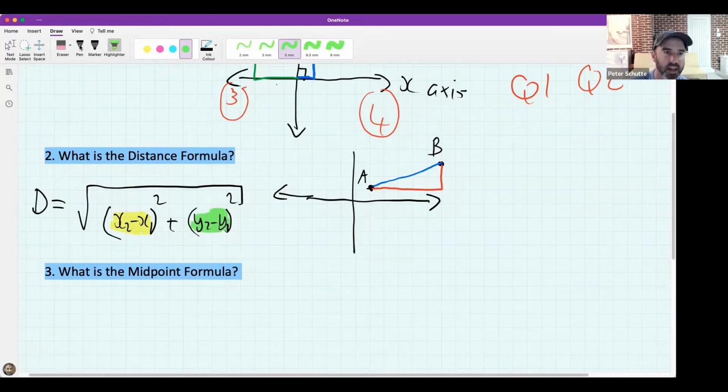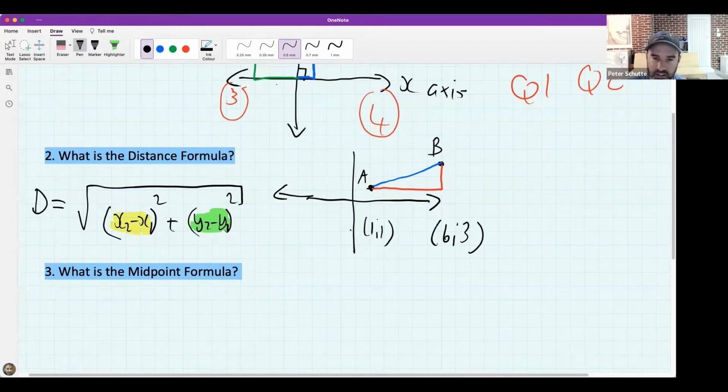So as an example, if A was the point, it looks a bit like the point (1, 1). So let's say A is (1, 1). And if I look at this graph, B looks like the point (6, 3) to me, if I count across 1, 2, 3, 4, 5, 6.